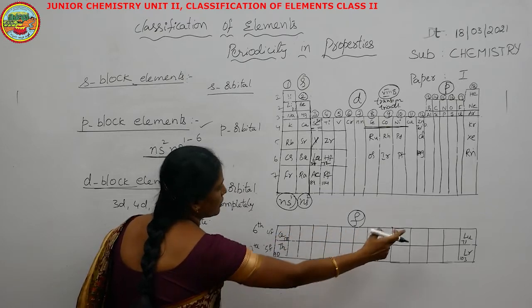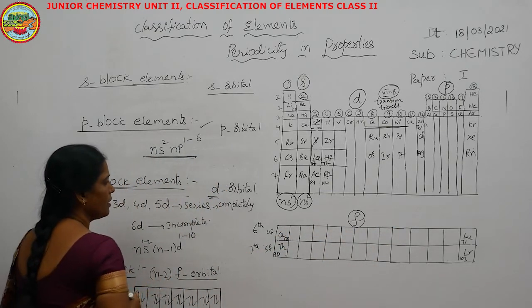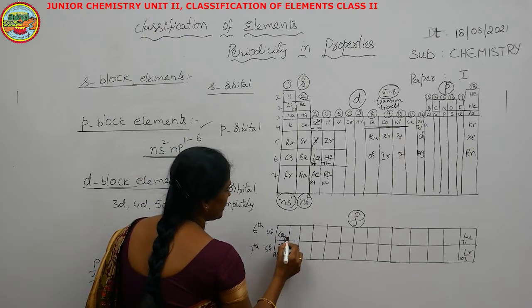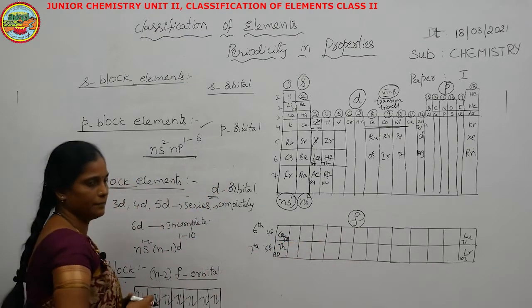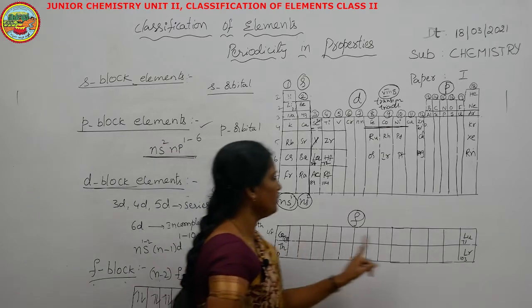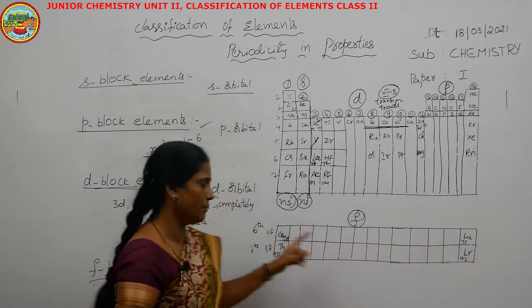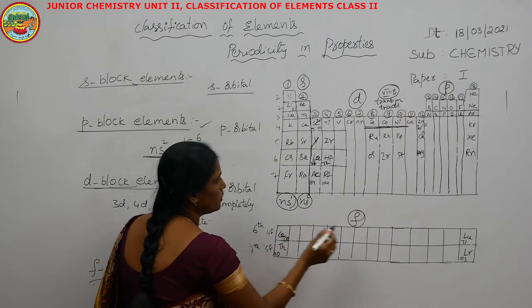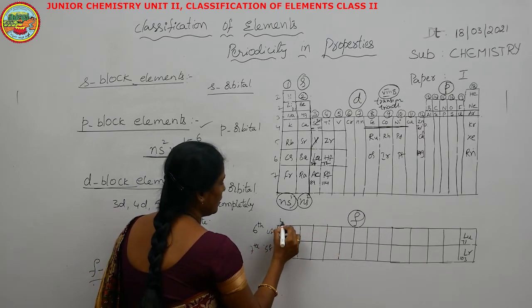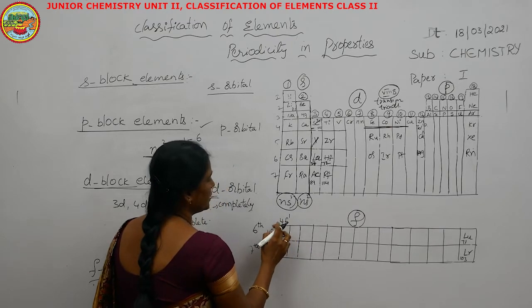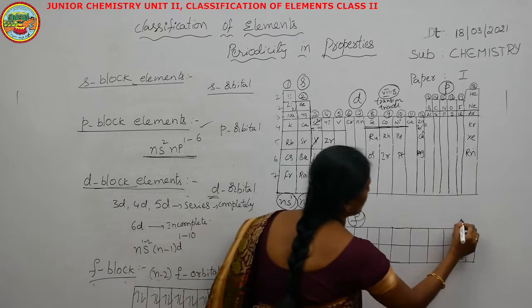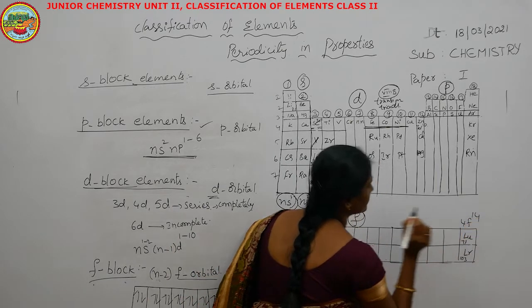This is called cerium, atomic number 58, to lutetium, 71. Thorium to lawrencium, 14 elements. In these elements, from cerium to lutetium, the electron enters into the f orbital, that is, f starts 4f1 to 4f14.